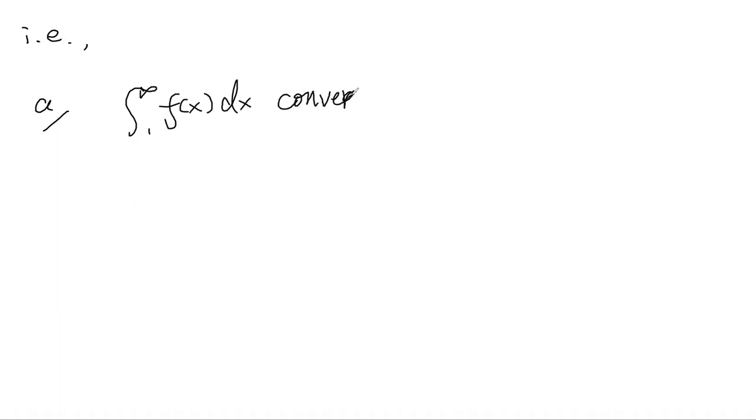then the test is that if the improper integral of f of x dx converges, then, yeah, this is just one side of the implication. If the improper integral converges, the series converges.